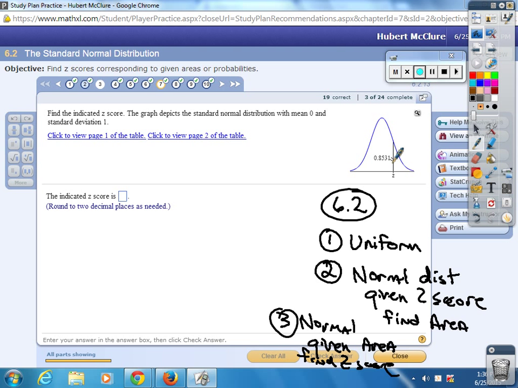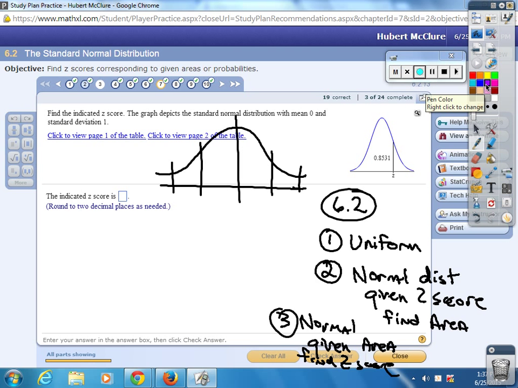So we take our handy dandy picture and draw it. Now, where is 0.85? 85 is above what percent? 75%, right? So right here, 75%. So technically, this is 50%, and this is like 34%.